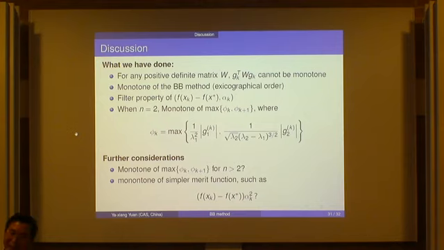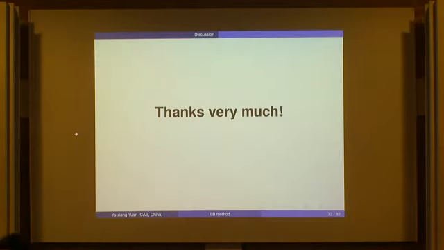You have to define a metric function which relies on the original objective function, but you have to think about maybe a higher order polynomial or rational function. I think it is possible that we could do more theoretical results in this direction. So I think that's my talk. Thanks very much for your attention.